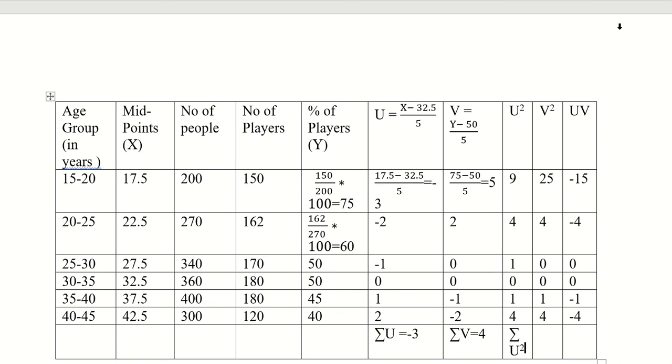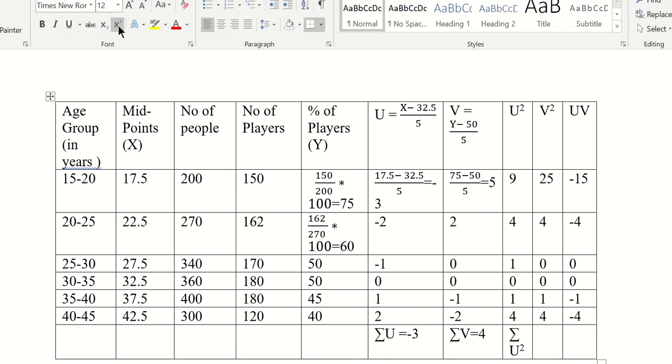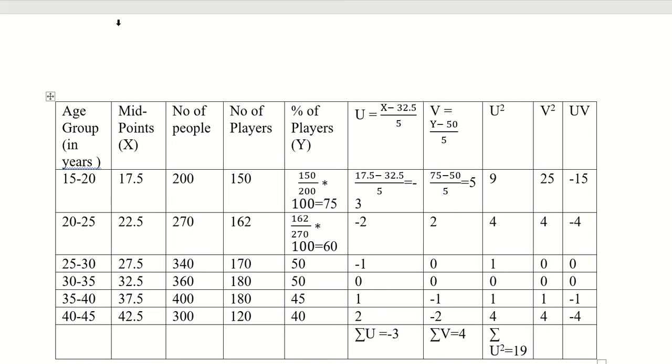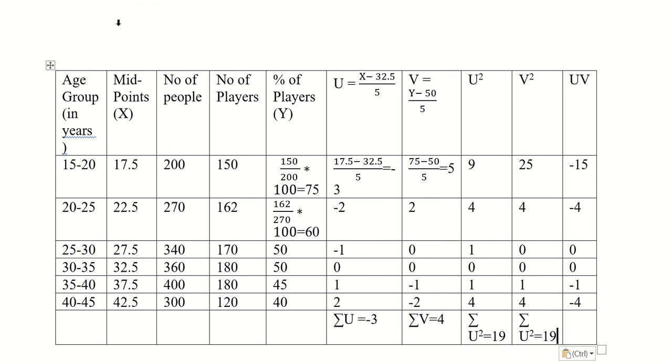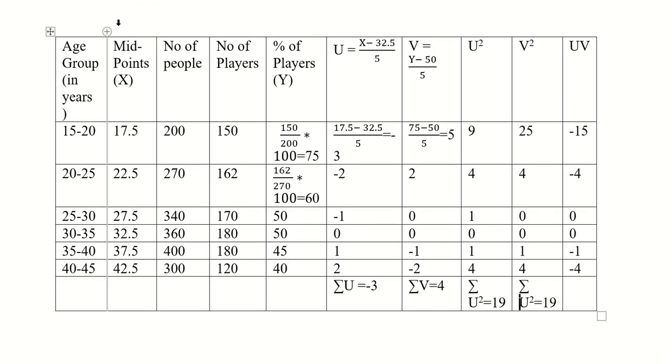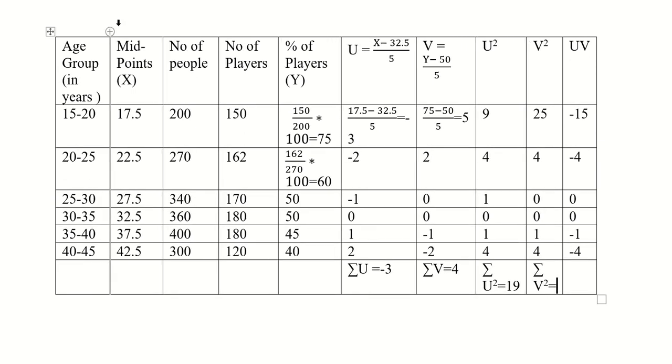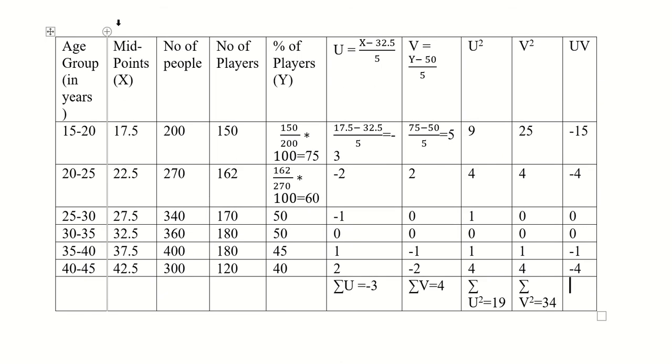Then summation of v square, v square is 34, and then summation of uv.